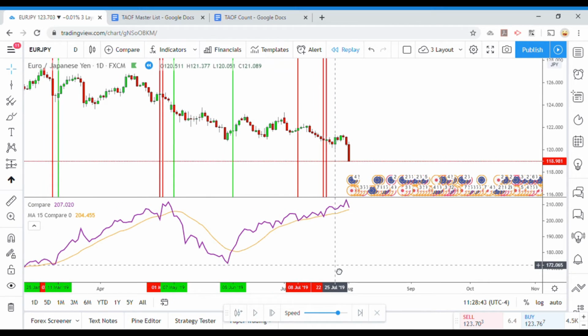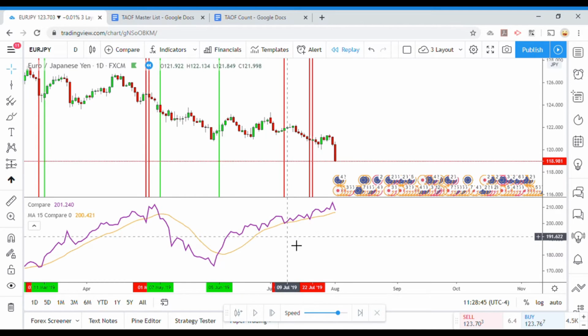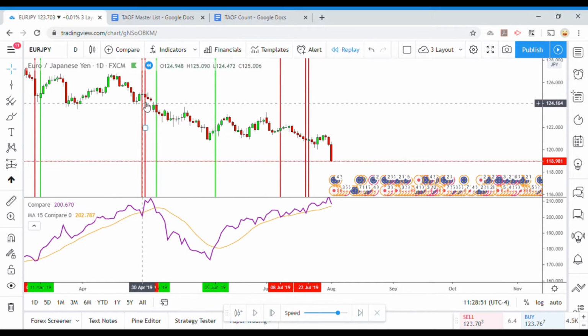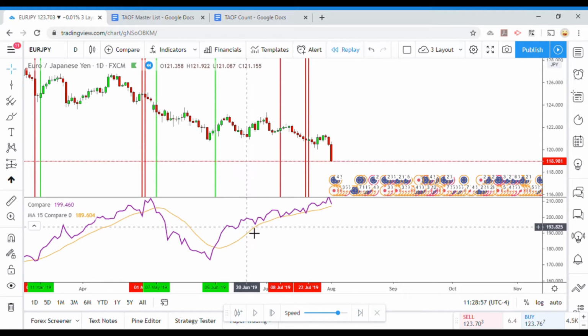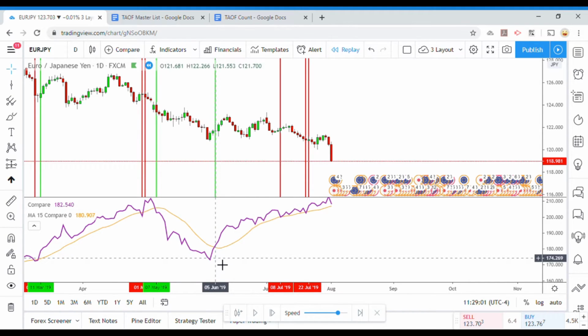And so sometimes you will see instances where you have what appears to be divergence, in that the price action is moving down, down, down, like this area right here, but the indicator is moving up, up, up. And that is a sign of a strong trend.